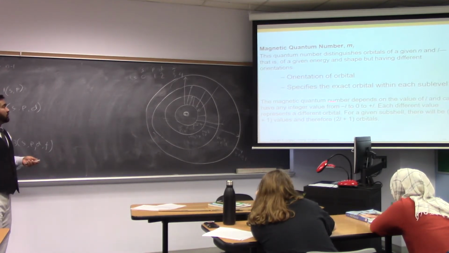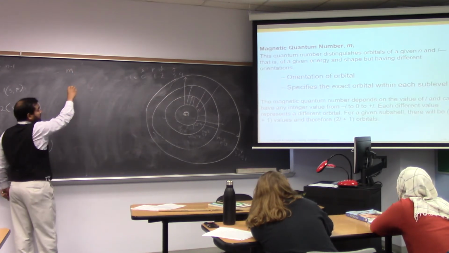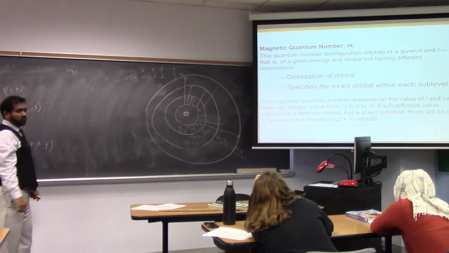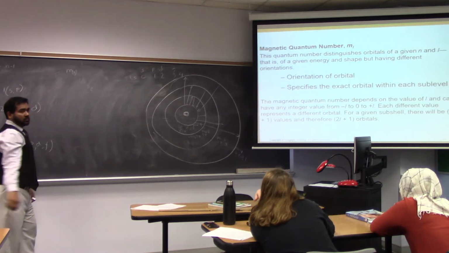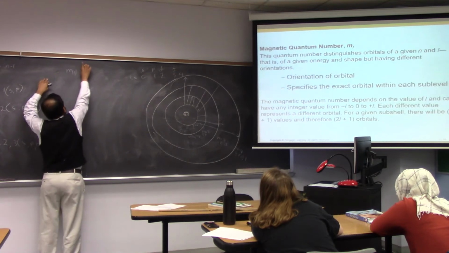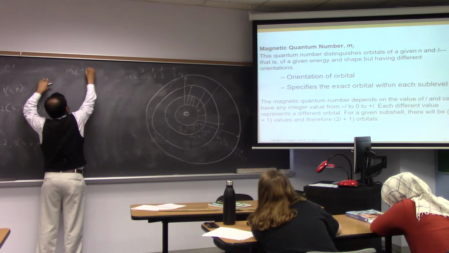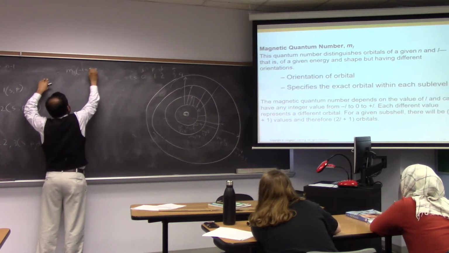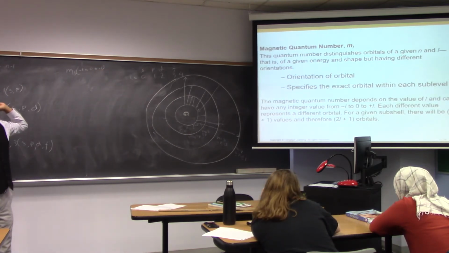So how does it go? It goes by the formula ml, lowercase m and subscript l. You don't need to put brackets, it's just subscript l. This ml is called the magnetic quantum number. The formula is negative L to 0 to positive L. You see what I wrote?